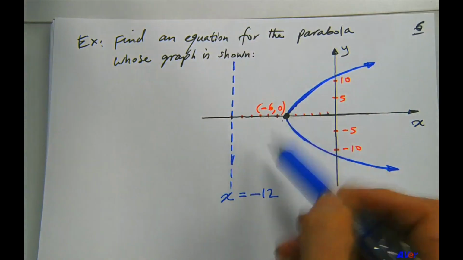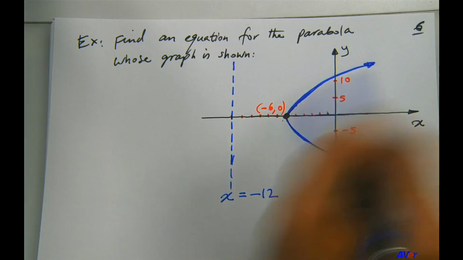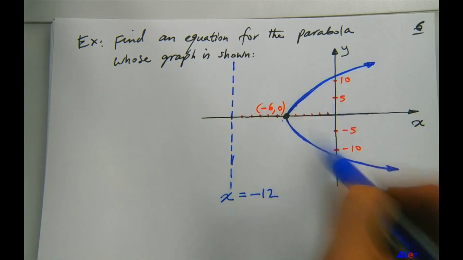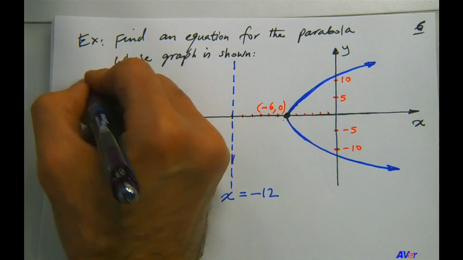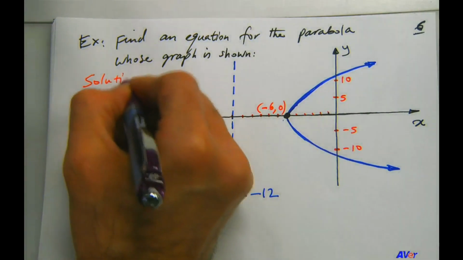Okay, so according to this set of information that we have, the vertex and the directrix, first of all, look at the shape of this parabola. It opens towards the y-axis. So let's use that to our advantage. So here's the solution.